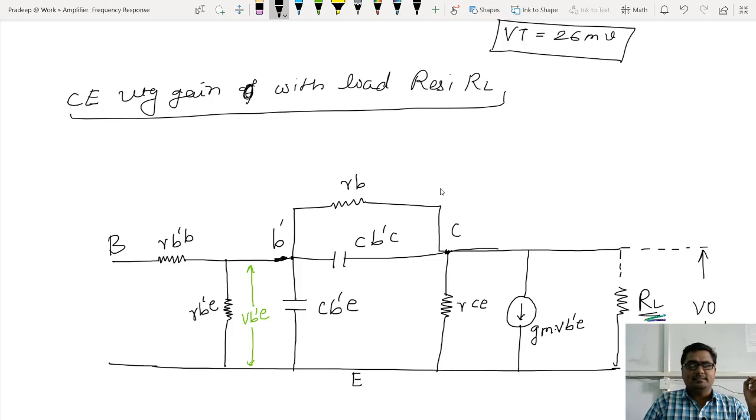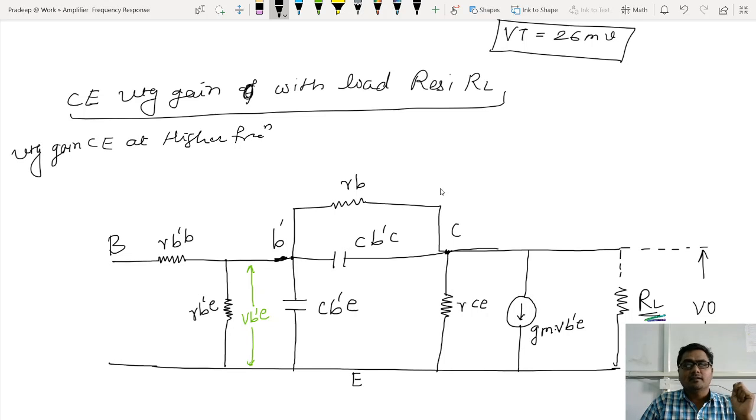What is the meaning of that? It has a meaning that we have to calculate voltage gain of a CE amplifier at higher frequency using pi module with load resistor RL.